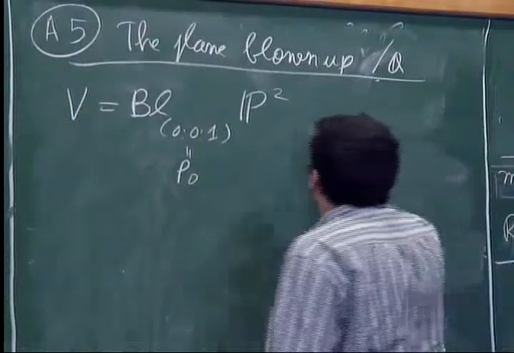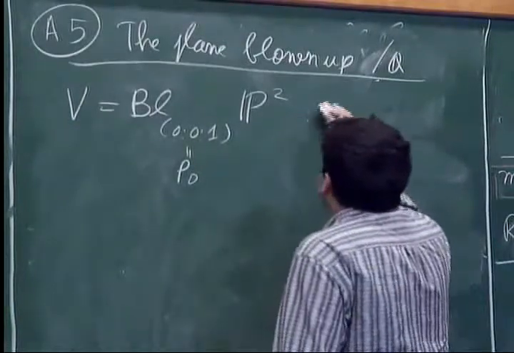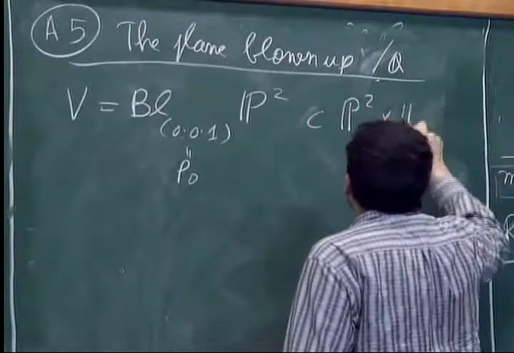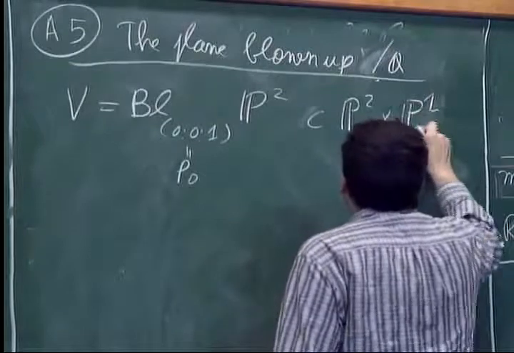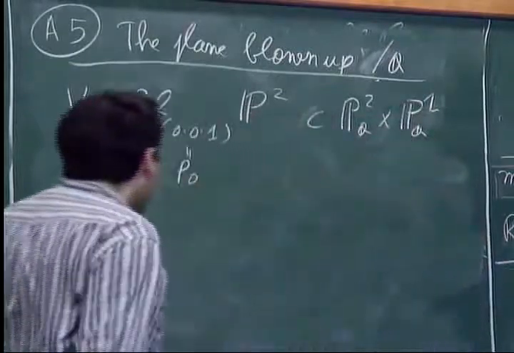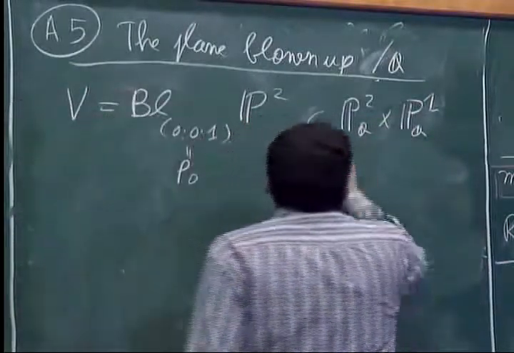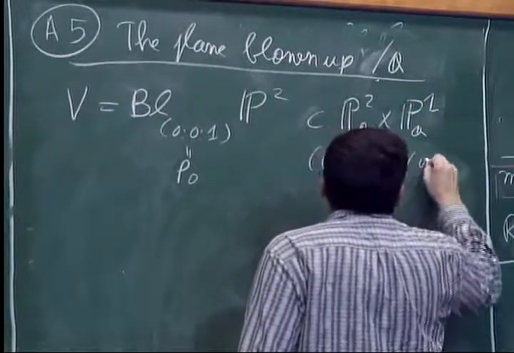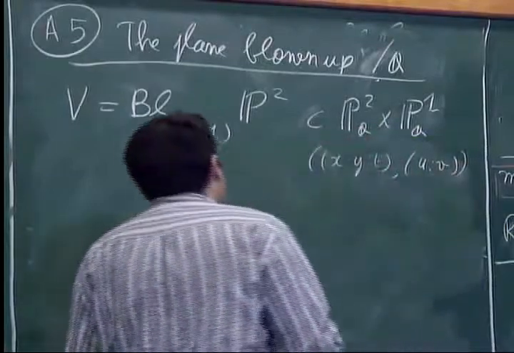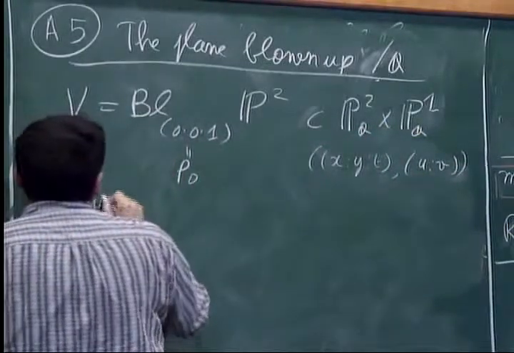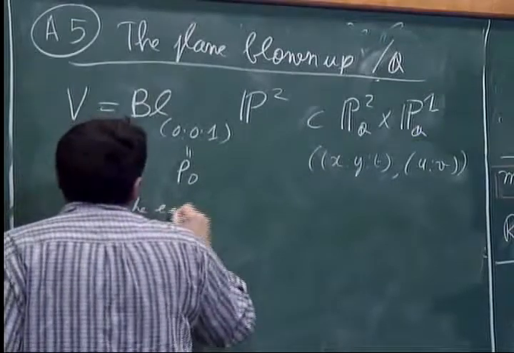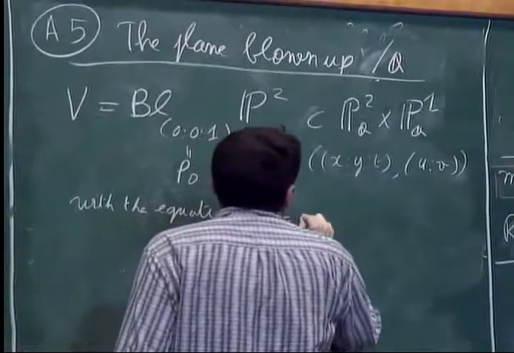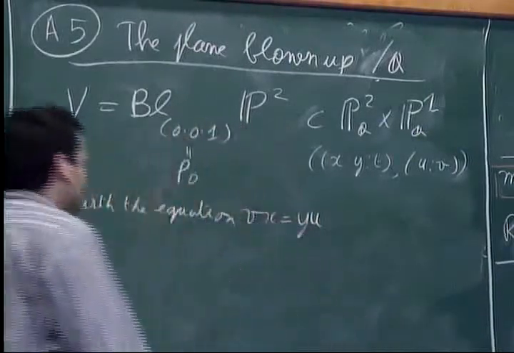And, well, it is possible to describe it in P2 times P1, over Q. Let's take some coordinates x, y, t, u, v. And it's given by the equation Vx is equal to y times u.